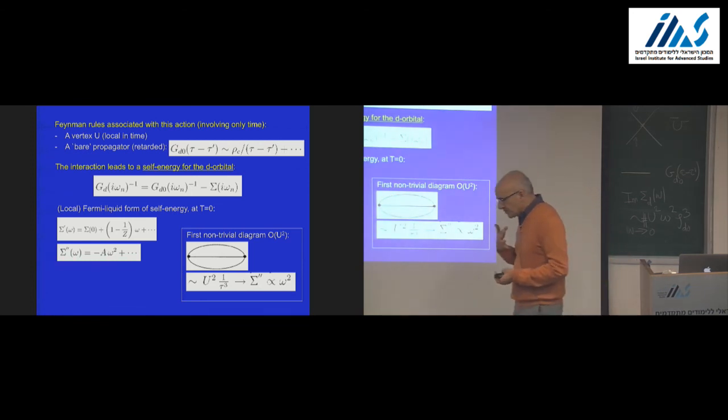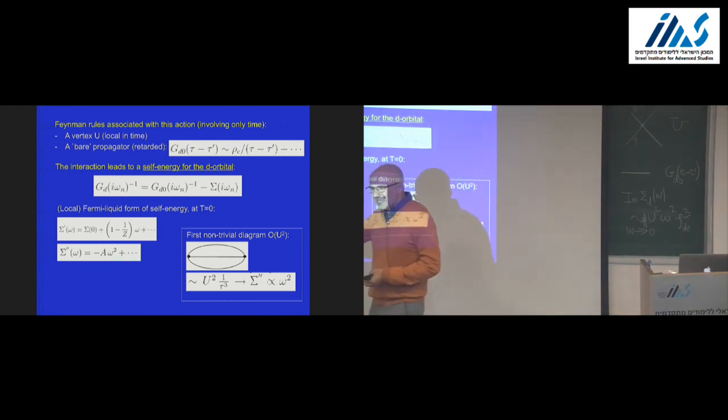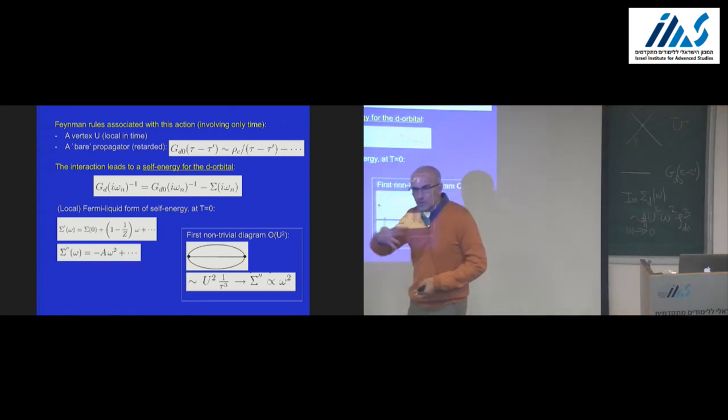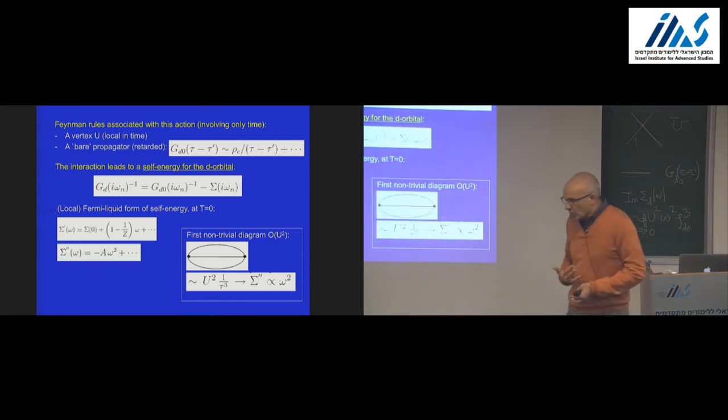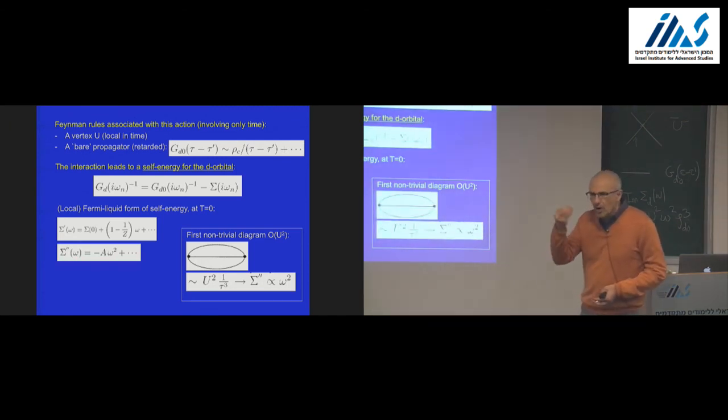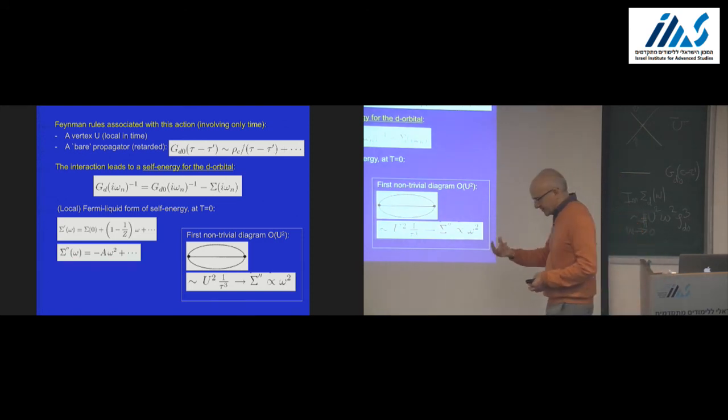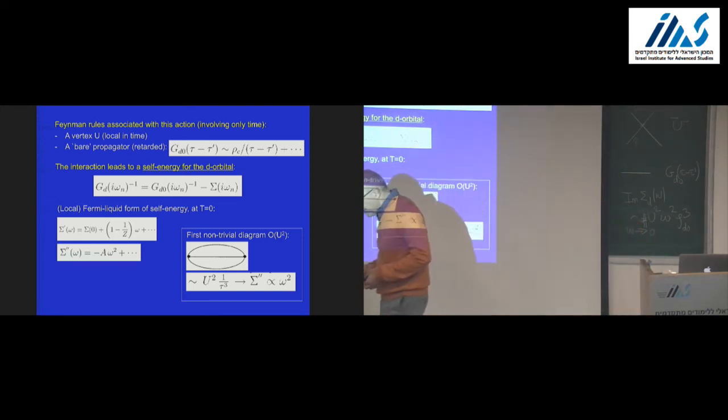So from the point of view of weak coupling perturbation theory, and actually to all orders in U, there is no phase transition as a function of U in this problem. To all orders in U, we have a local description of the problem, which is a local Fermi liquid.